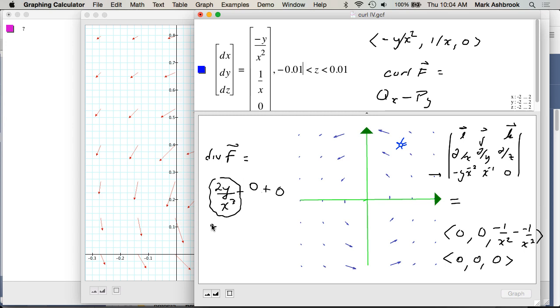So what does it mean that it's this function of y and x? The fact that the divergence is a function of y and x means what? Exactly. So if I'm at the point 1, 1, the amount of divergence is 2. And is that 2 away from the origin like this? No, it's a local phenomenon, right?